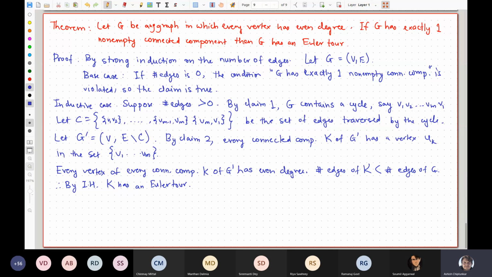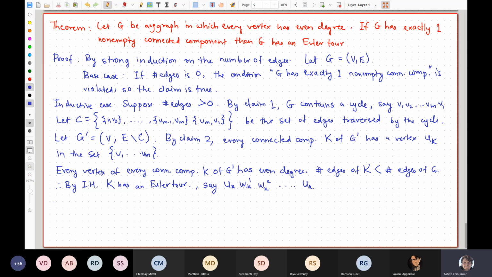Let's reorient the Euler tour so that it starts and ends with the vertex UK, say UK, then WK1, WK2, and so on, and then you come back to UK. This happens for every connected component K.